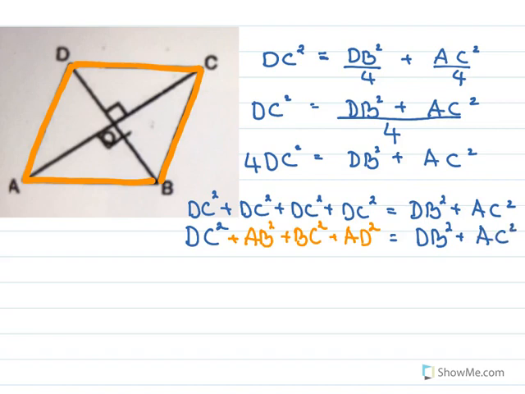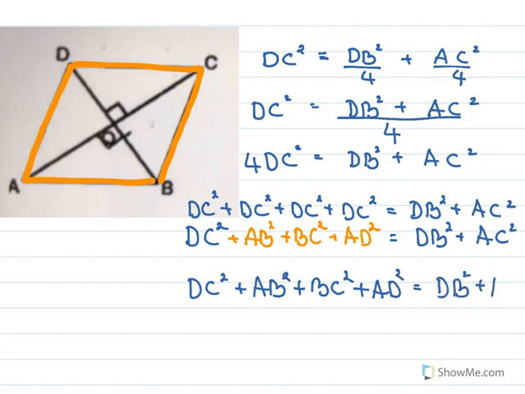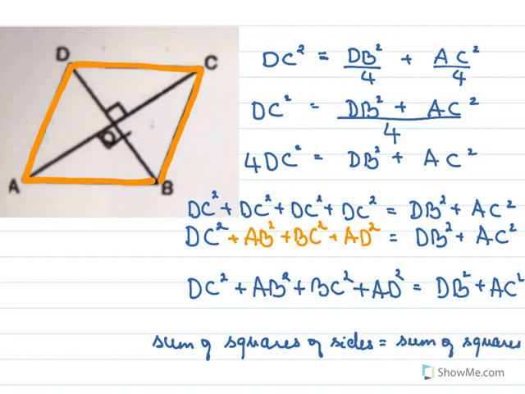So I get DC square plus AB square plus BC square plus AD square equal to DB square plus AC square. And I have proved that the sum of the squares of the sides equal to the sum of the squares of the diagonals.